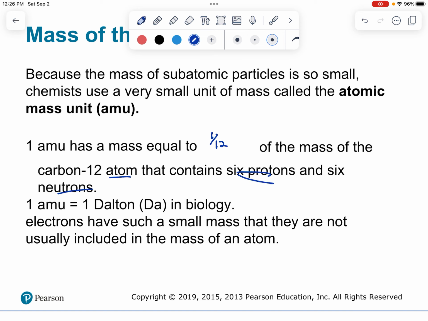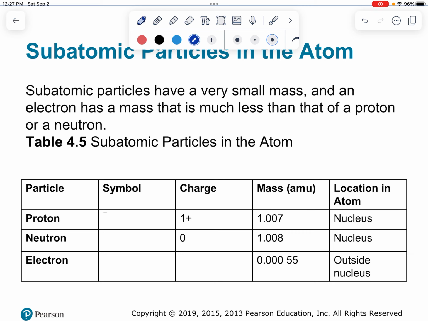Okay, so this is a summary of what we've learned from these experiments about these 3 particles that make up the atom. The proton has the symbol P or P+, and you can also see H+. You won't really understand why now, but I'm just going to put it here so you have it in your notes. So the proton has a charge of +1.